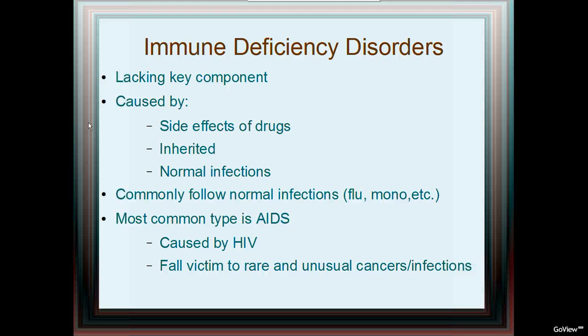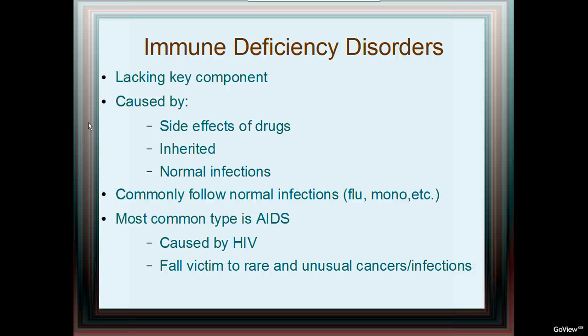They could be inherited through birth from your parents, and sometimes they can just be caused after normal infections. Commonly, they follow normal infections like the flu or mononucleosis, and the most common type of immune deficiency disorder is AIDS, and everyone knows how bad AIDS is affecting the world, and it's caused by the HIV virus.